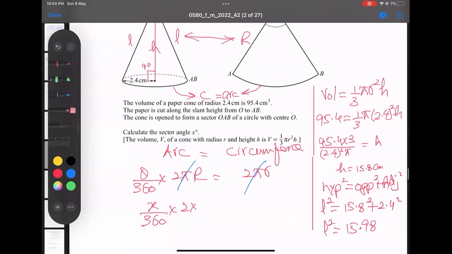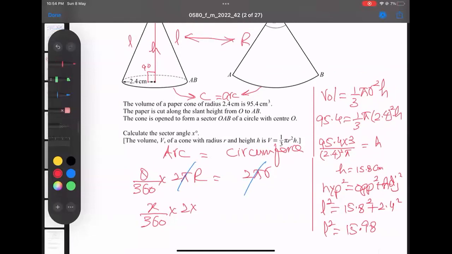And now I'm going to plug in this value where? This slant height, because I said the radius and slant height are the same, so I plug it in here. So 15.98 equals theta over 360 times 2 times pi times the radius, 2.4.